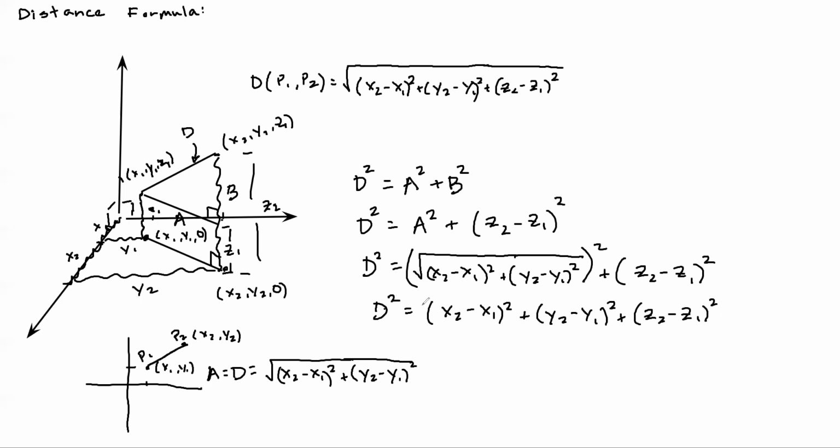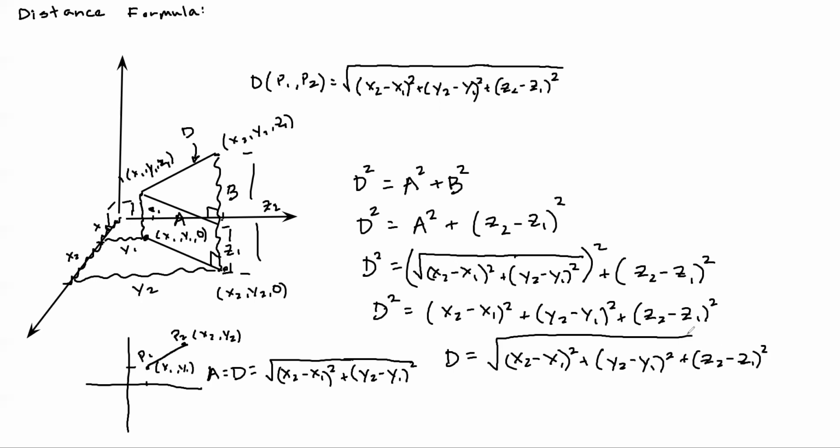Finally, we just take the square root of both sides, and we get d equals the square root of x2 minus x1 squared plus y2 minus y1 squared plus z2 minus z1 squared. And there's the proof. That proves that the distance between these 2 points is given by this formula.